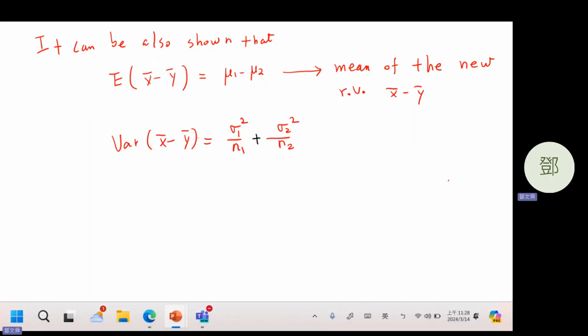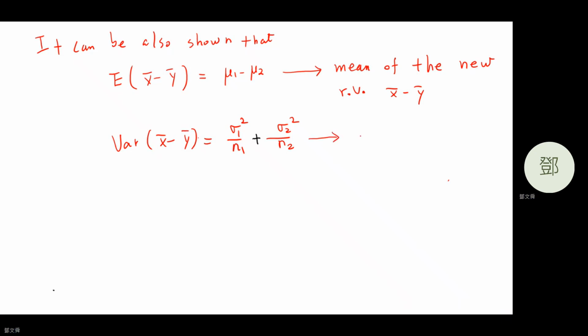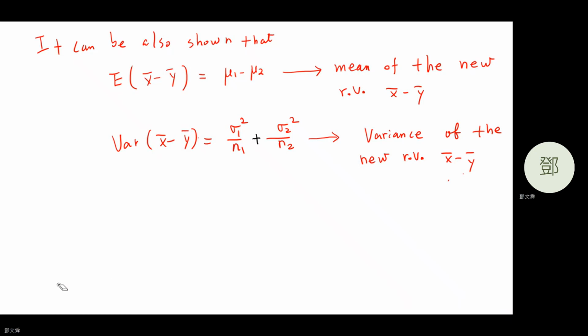The variance of the new random variable x bar minus y bar. Okay? Right? Any question?